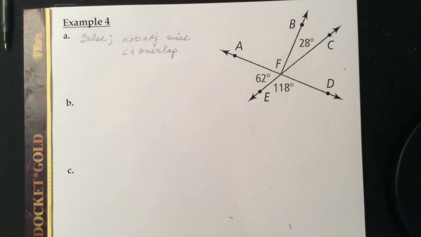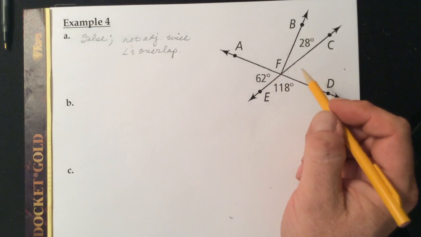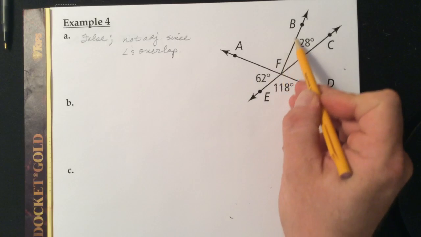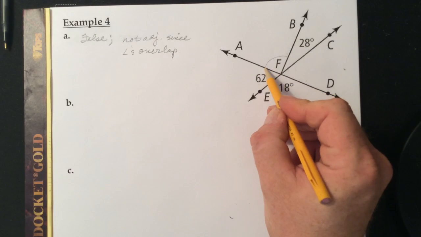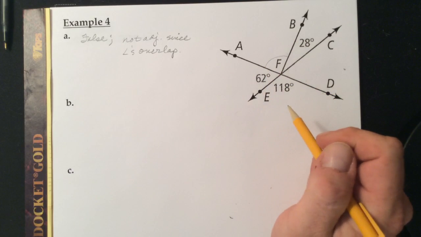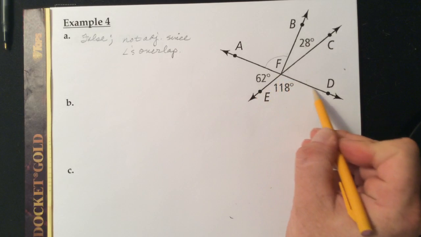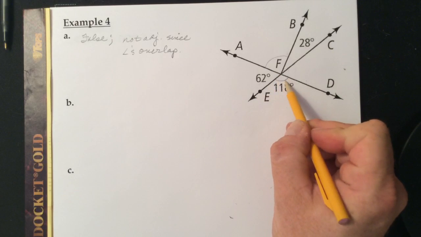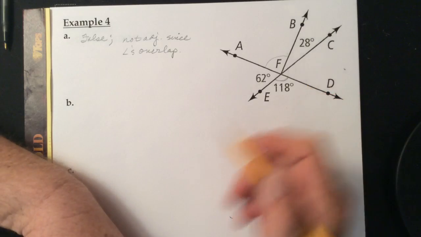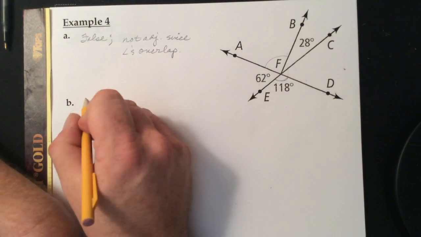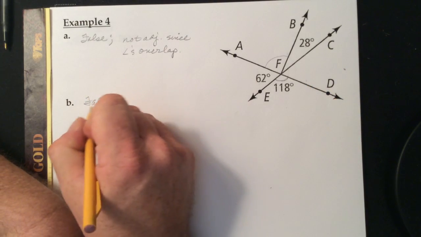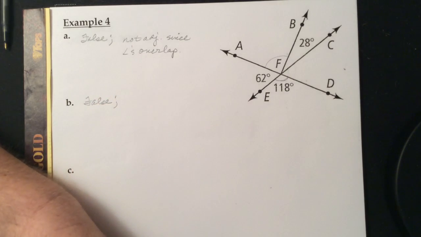Part B. Angle AFB and angle EFD are vertical angles. So locate angle AFB. It's this one right here. And angle EFD is this one right here. At first glance, you may think they're vertical, but they're not vertical angles. False. Why?